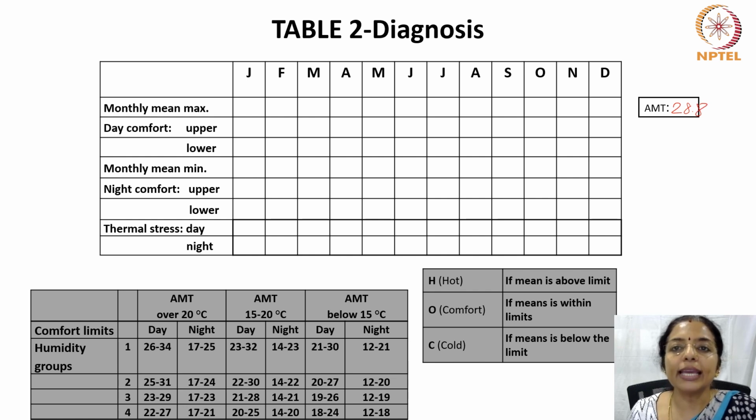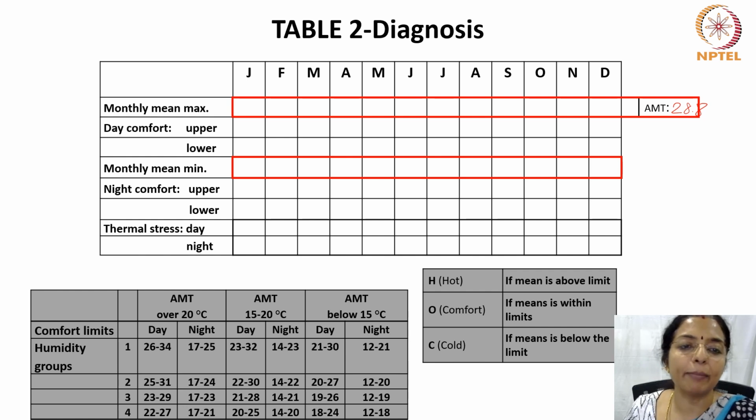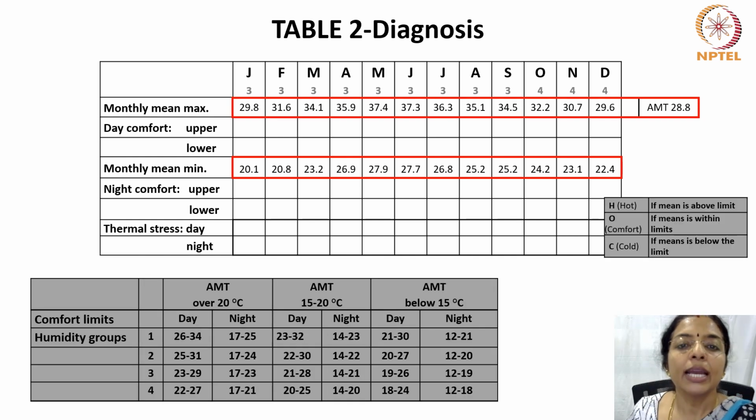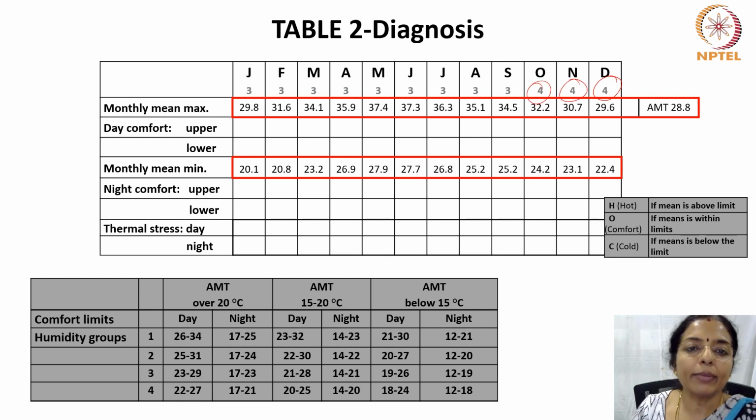So, in this manner, you fill the monthly mean maximum first, then fill the monthly mean minimum, and then you write the humidity group like this. You remember the humidity group that we had got? It was all 3 except for October, November and December, which was 4.